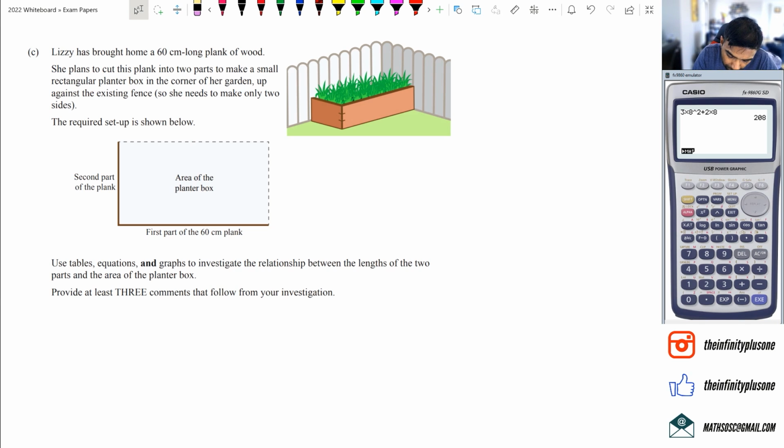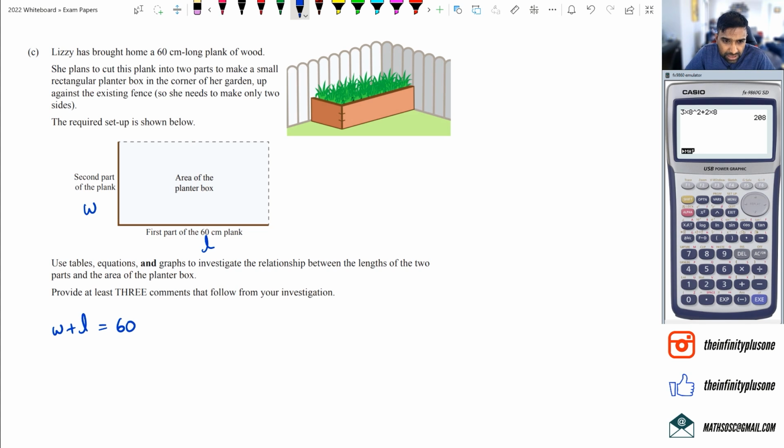So if I was to write down two things, I'm going to call them width and length. All right. So my first statement is width plus length is equal to 60. That's the first thing.